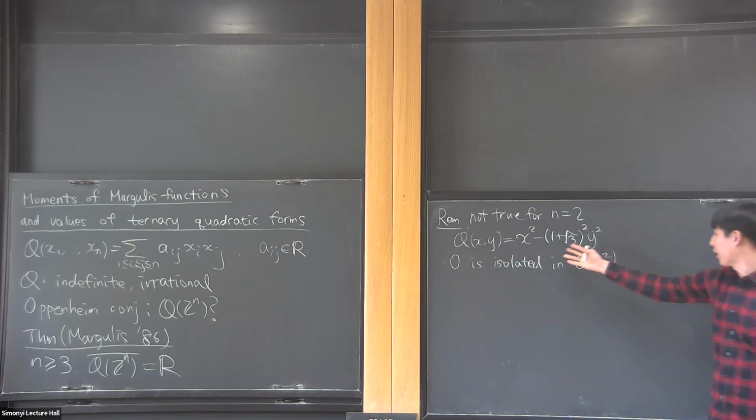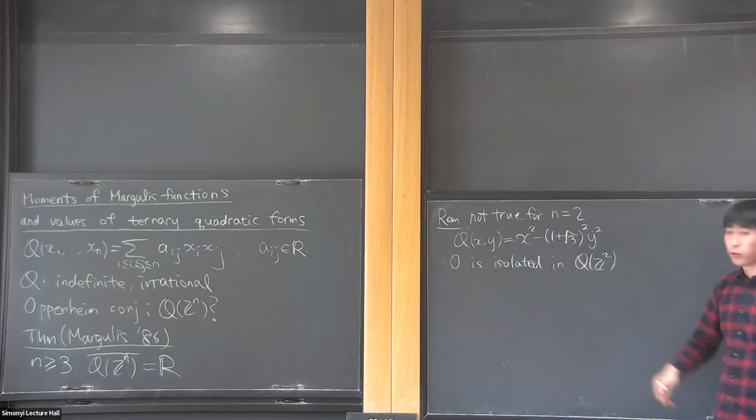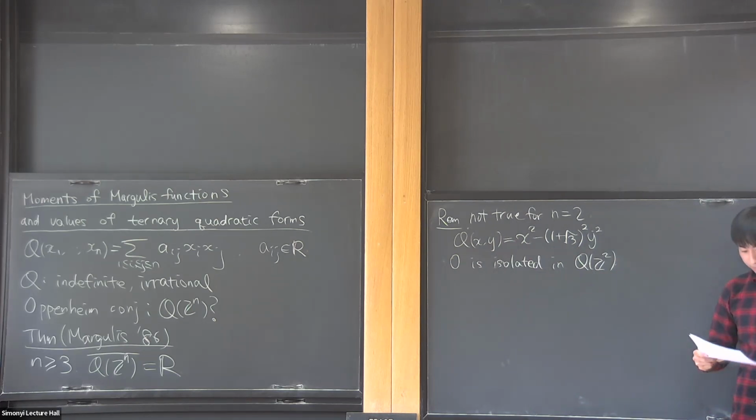This follows from the fact that this number 1 plus square root of 3 is a badly approximable number in the sense of Diophantine approximation.